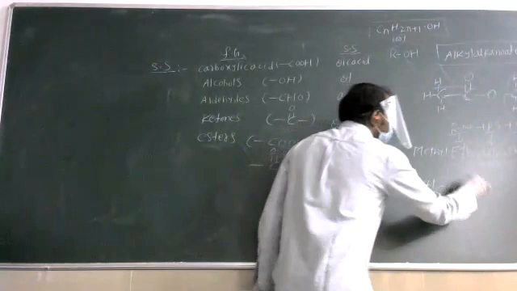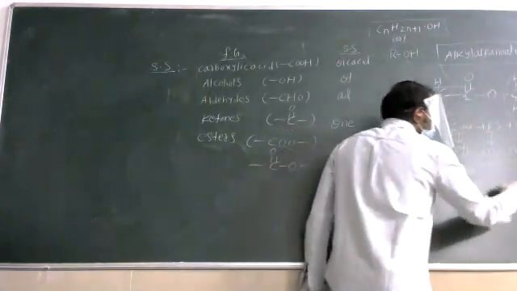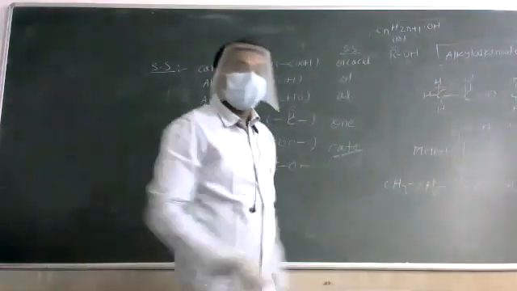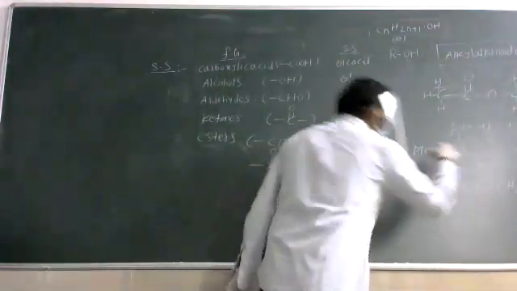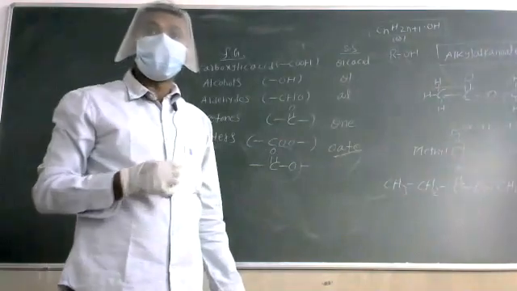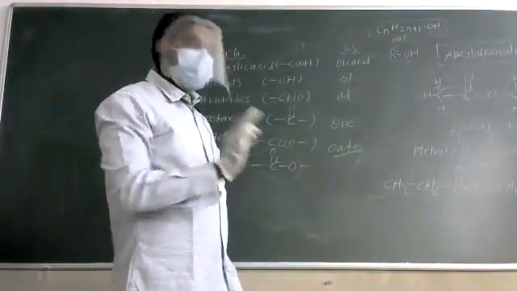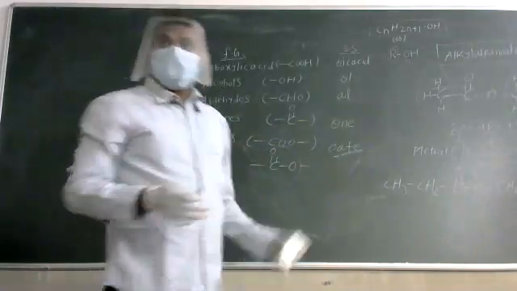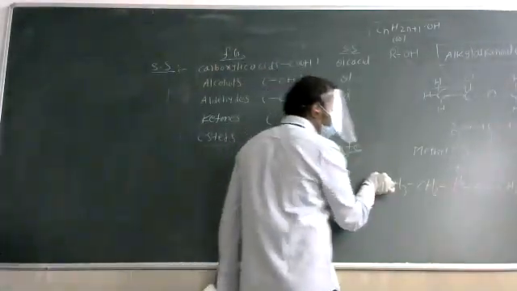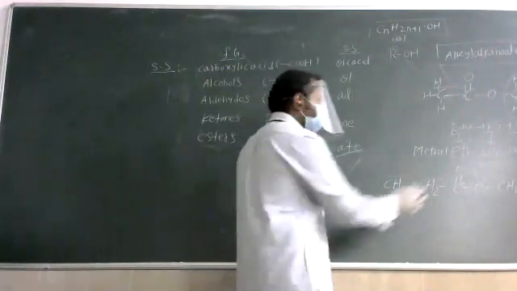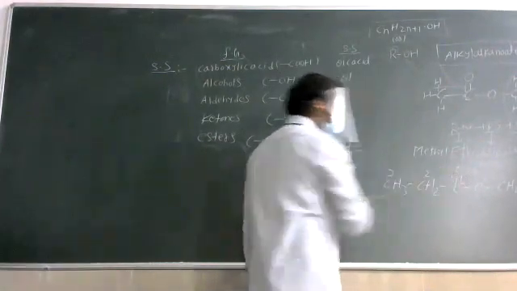CH3, CH2, COO, CH2, CH3. Say this one, it is the ester. Very good, excellent. Ethyl propanoate. What is the longest chain? This one is the longest: 1, 2, 3.